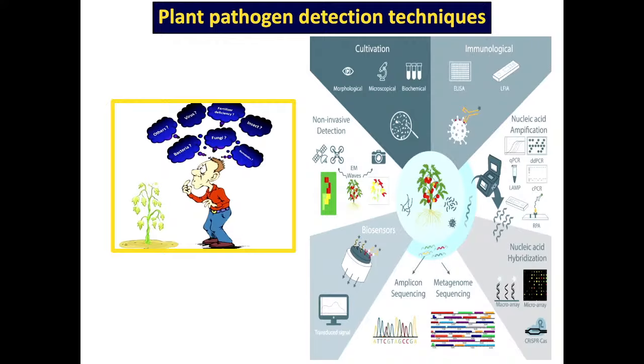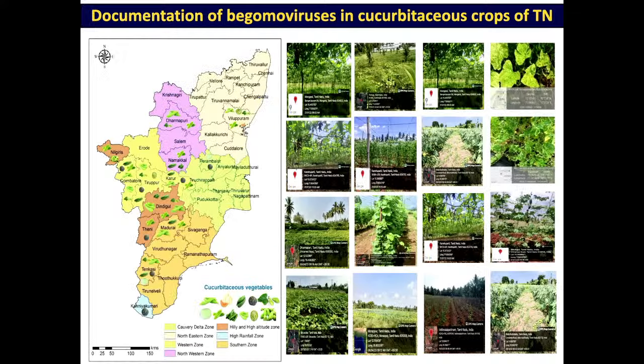For our viruses, cultivation may not be possible, but serological as well as molecular methods, either protein-based or nucleic acid based methods, sequencing, biosensors and non-invasive detection methods are all commonly used for the detection of viral diseases in the horticultural ecosystem. I'll be talking about the cucurbitaceous begomoviruses especially.